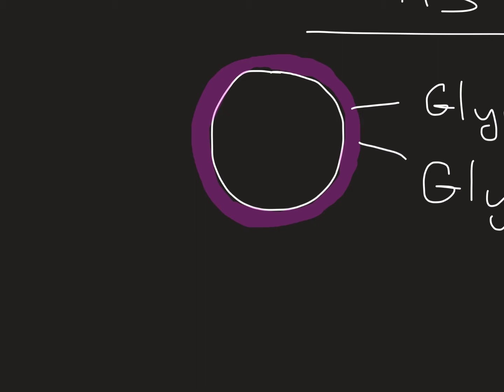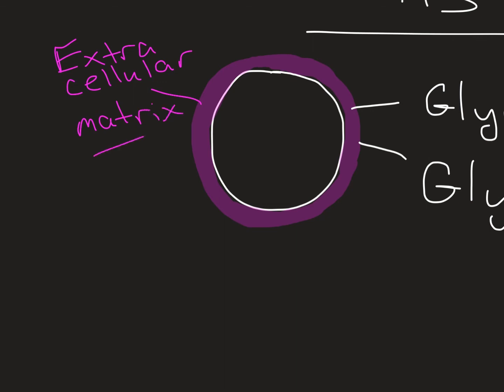This purple space on the outside here is known as the extracellular matrix. Why is it extracellular? Why is it extra?